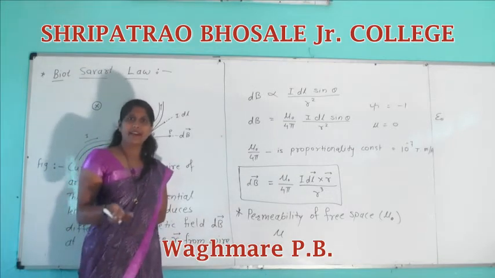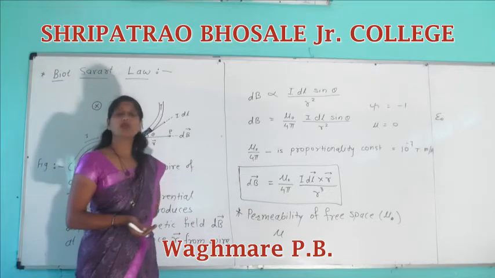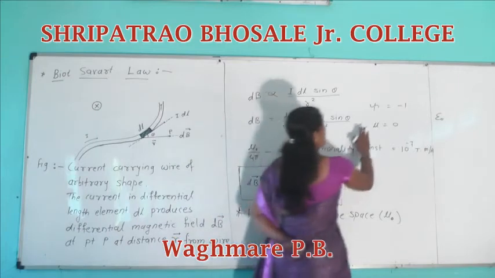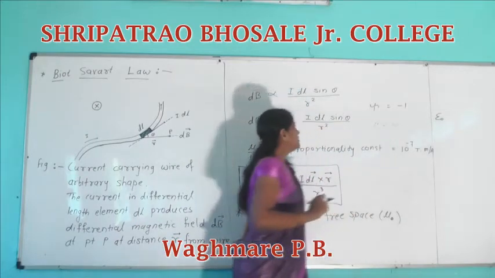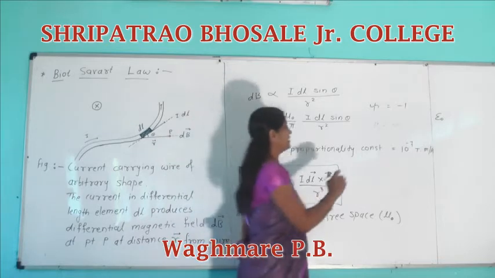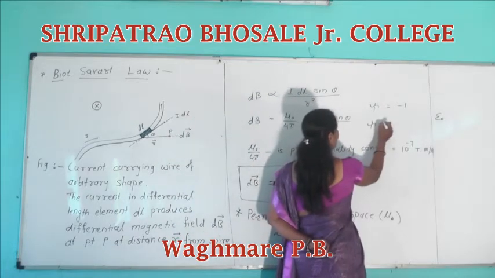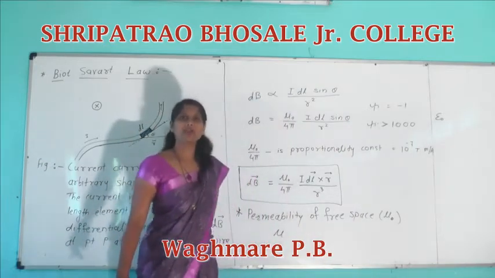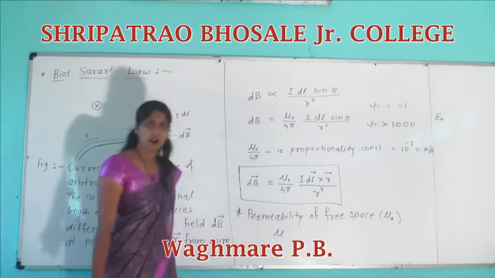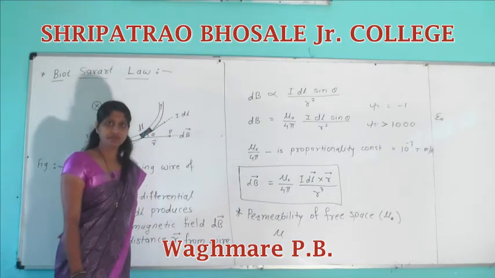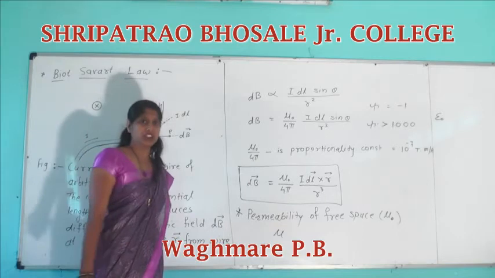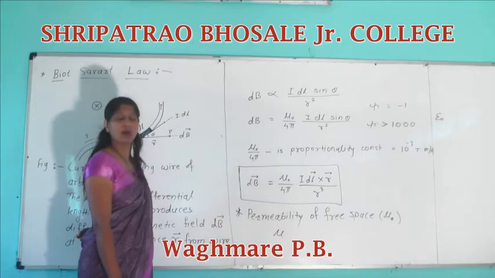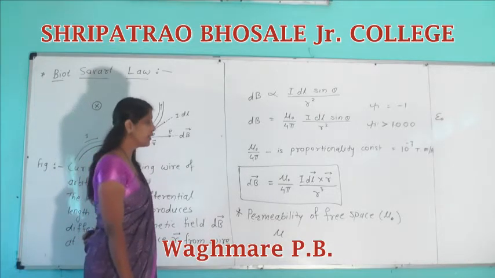And when we take soft iron, the susceptibility of soft iron is greater than 1000. Therefore, the permeability of soft iron is also the maximum. Therefore, we use soft iron for strong magnetic fields, to pass the magnetic field through it.